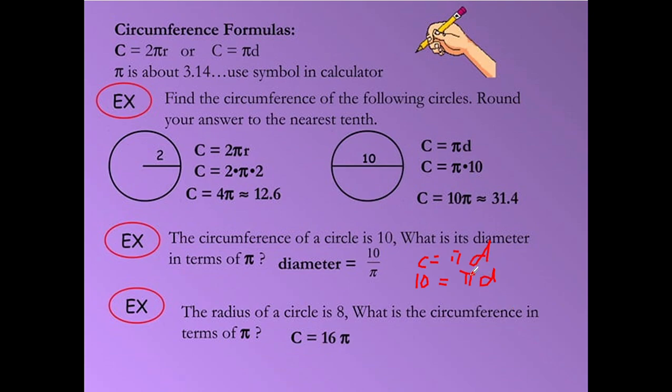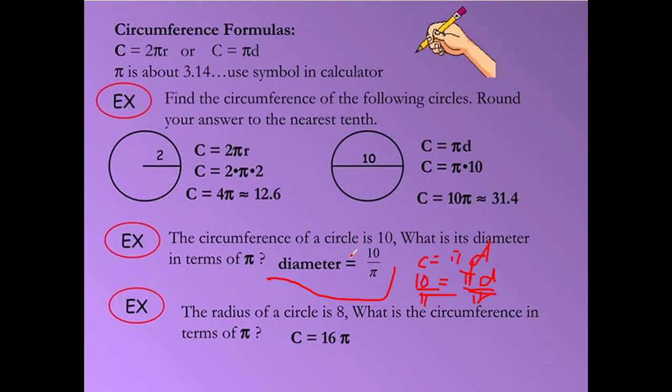To cancel pi, we divide both sides by pi. Cancel pi here, cancel pi here. What remains is d. So d is equal to 10 over pi. That is our formula here.